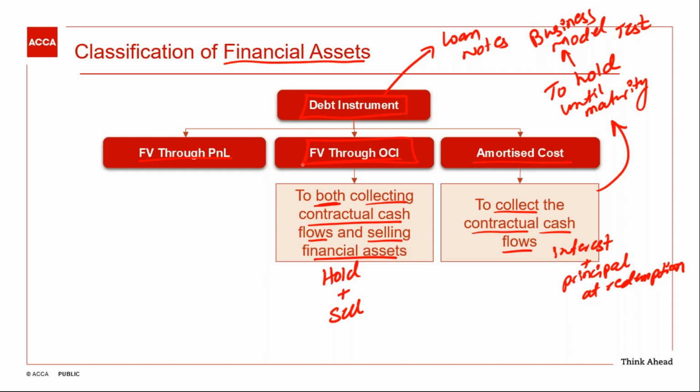So if my intention is to hold and then to sell, then we should classify it in the fair value through OCI. And if my intention was to hold only till maturity, then we should classify it to the amortized cost category.